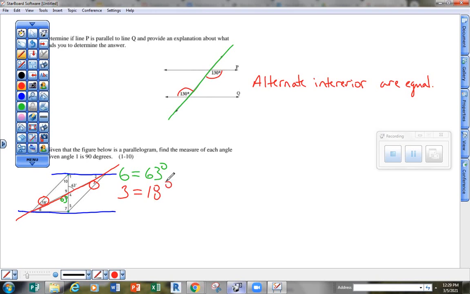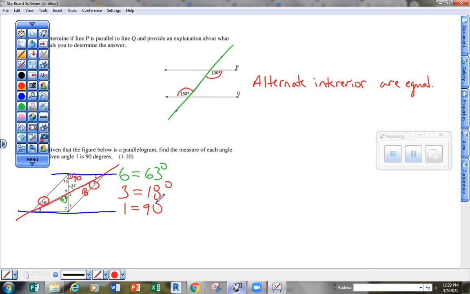Alternate interior for that transversal. And then if I could look at some more, I got 63, 63, 18. It looks like angle 1, they're telling me is 90.